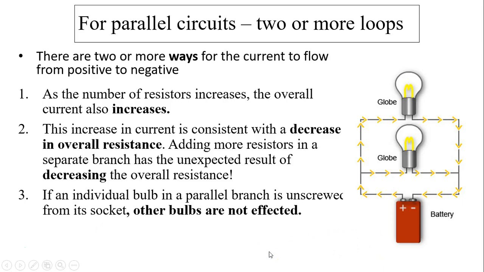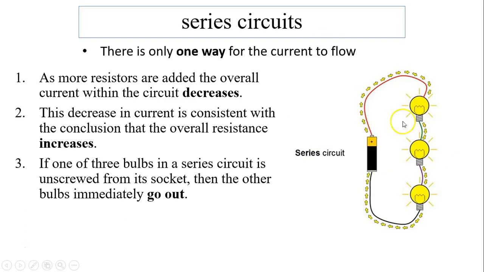Parallel circuits, series circuits: there is only one way for the current to flow. So as more resistors or light bulbs are added, the overall current will decrease. The more light bulbs you add, the dimmer and dimmer the light bulbs become. This decrease in current is consistent with the conclusion that overall resistance has to increase.